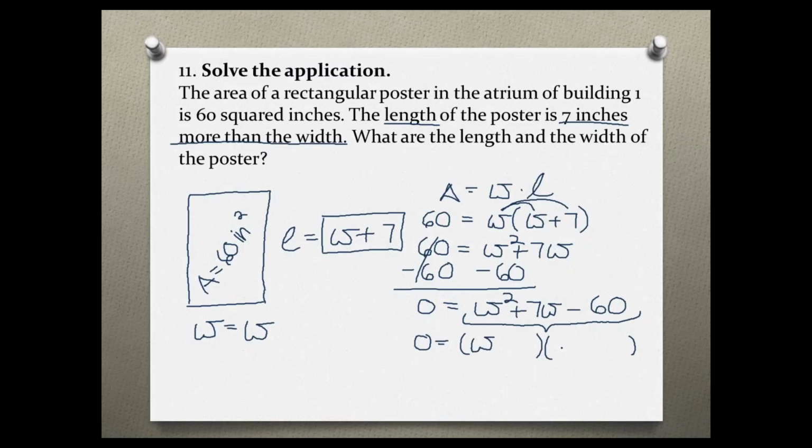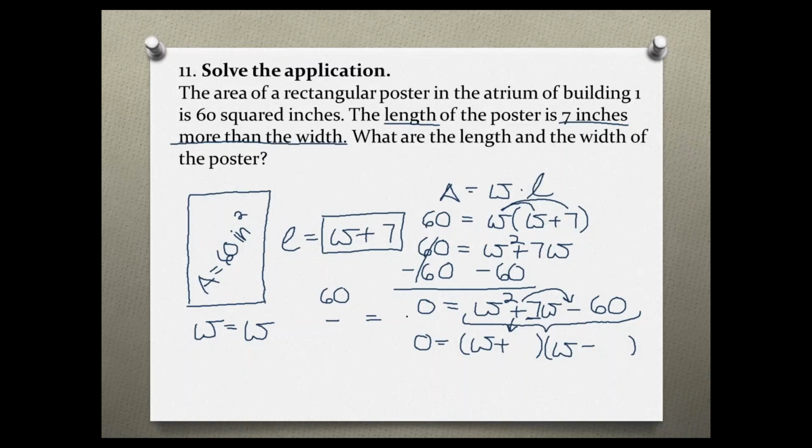And then I square root the first term, so W and W, I write it twice. I bring down the first sign, multiply the signs together: positive times negative is a negative. Then looking at the last number, the 60, and the factors of 60, when the signs in here are different, the factors must subtract to give me the middle number.